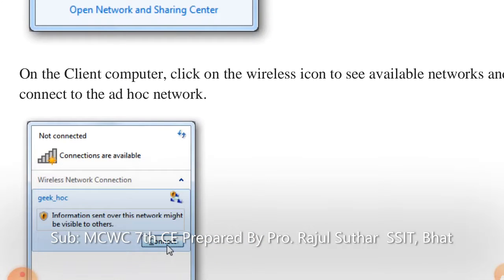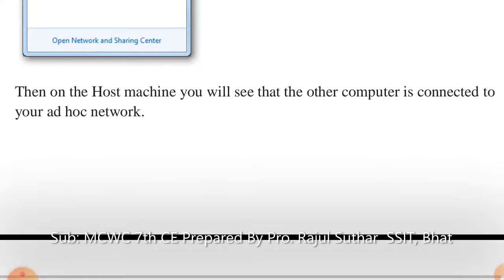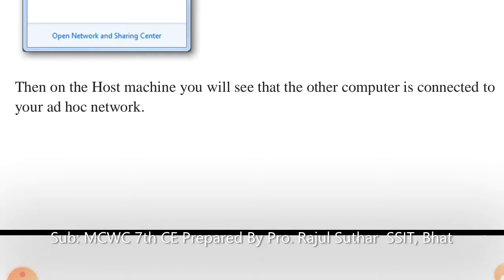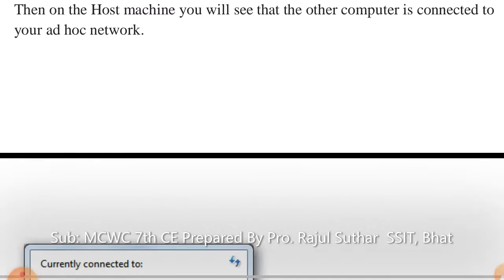On the client computer, click on the wireless icon, see the available networks, and connect to the ad hoc network. By clicking connect, you can connect with the wireless network. Then on the host machine, you can see all the other computers connected to the ad hoc network.